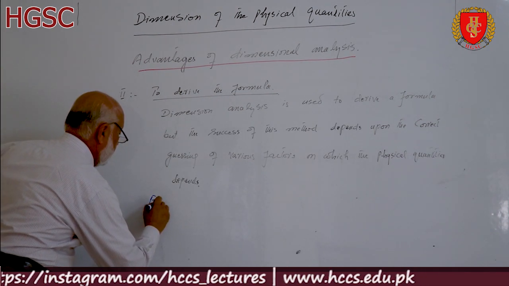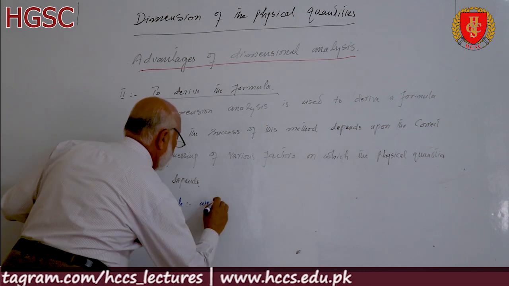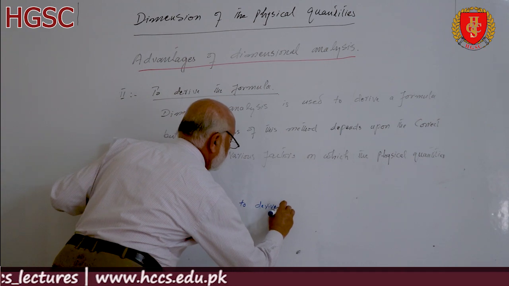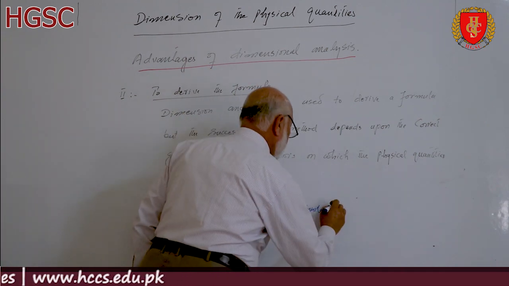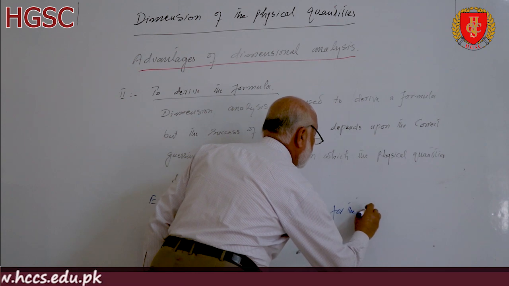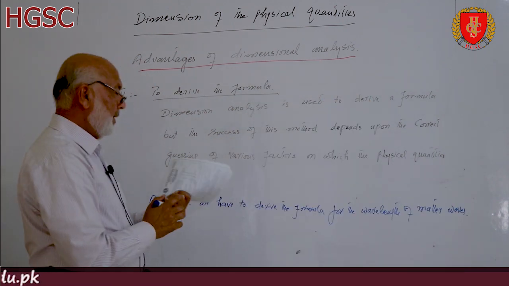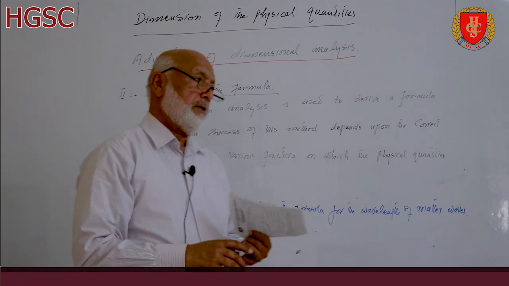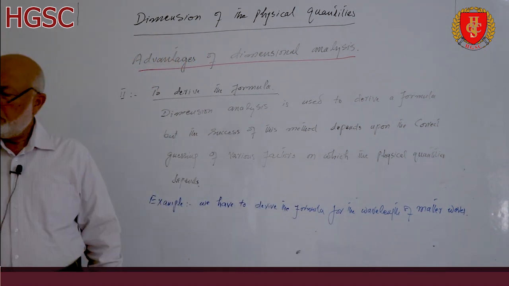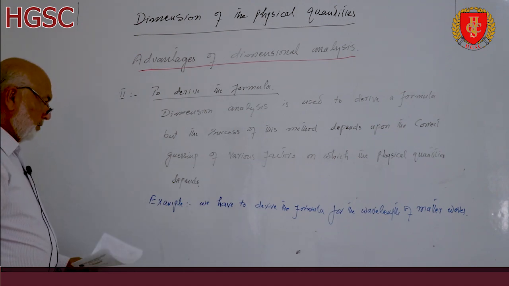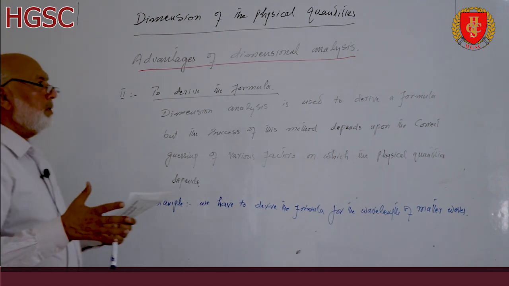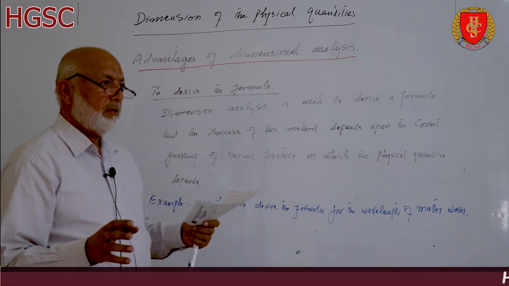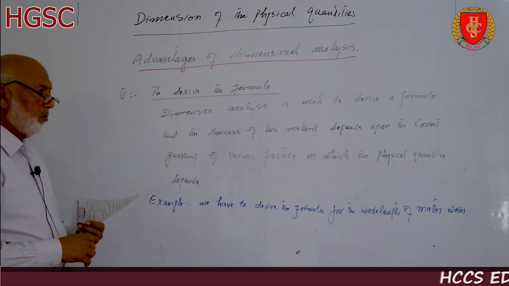Example: we have to derive the formula for the wavelength of matter waves. The wavelength associated with any moving particle is called matter waves. This is de Broglie's concept, and we know that any particle has mass as well as velocity, and Planck's constant is also used.